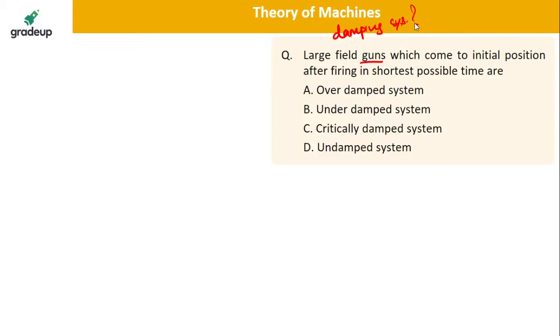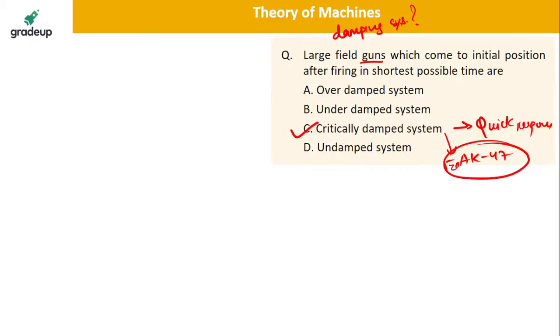Okay, so the correct answer is critically damped. Very good. It's critically damped because in critical damping we get a quick response. Remember, critical damping is also used in the AK-47. Because of the quick response we use it in guns.